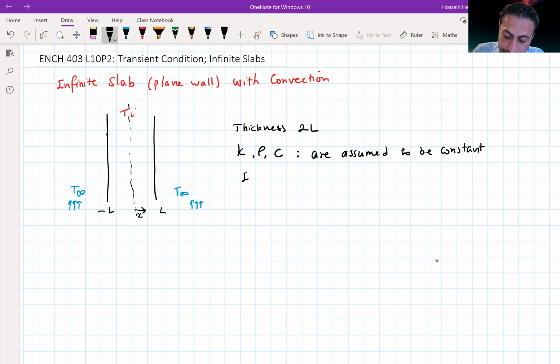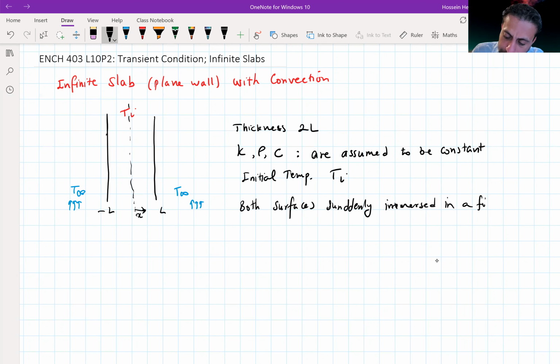Initial temperature of the wall is Ti, and both surfaces are suddenly immersed in a fluid at T infinity at time 0, where Ti is different than T infinity.